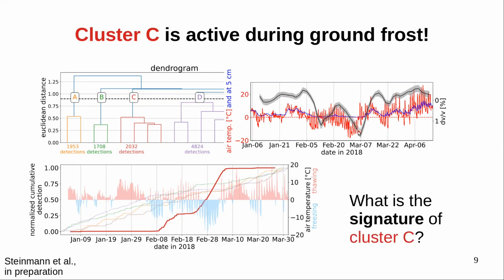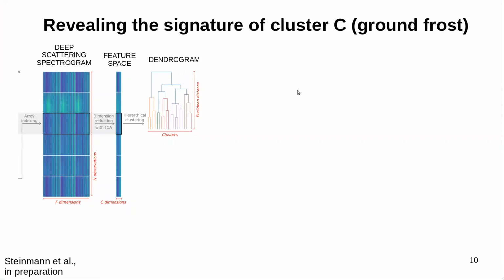So now after we identified the cluster C as the cluster containing the data during the ground frost, the question is, what is the signature of this cluster, or what is the signature in the seismic data? So to reveal the signature of cluster C, the first step would be to go from the dendrogram back into the feature space and ask the question, where is cluster C located in the feature space?